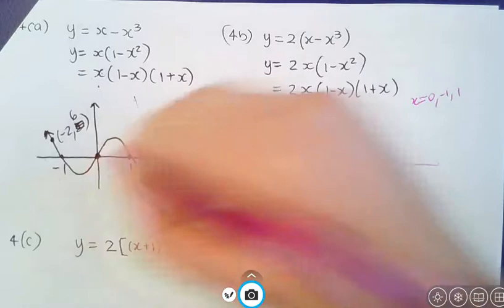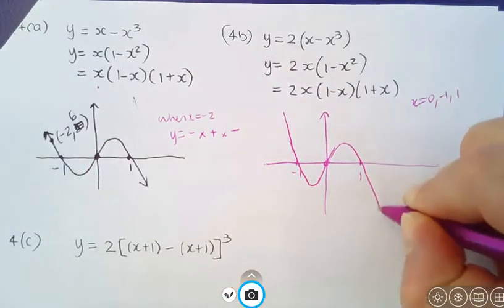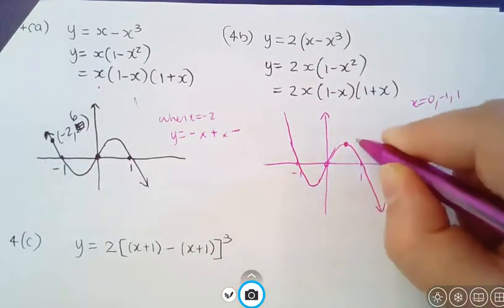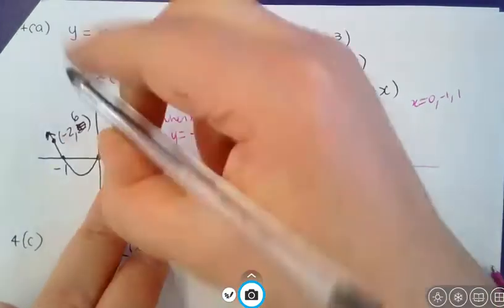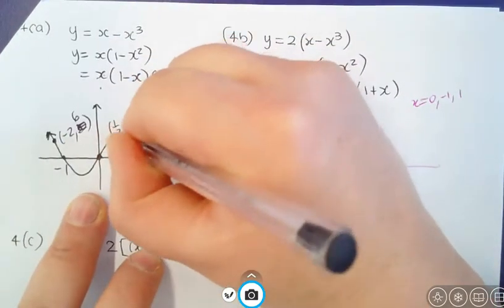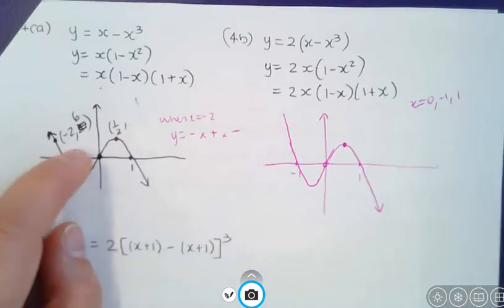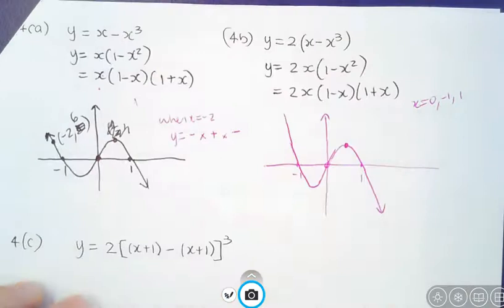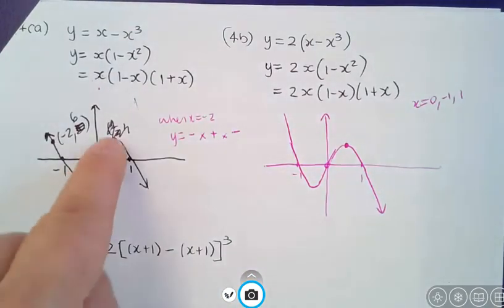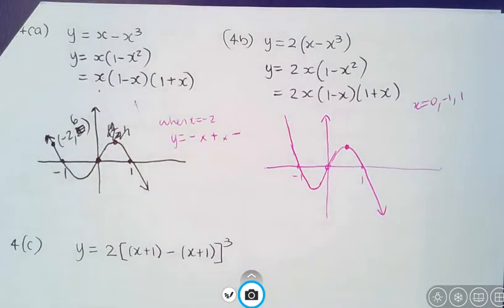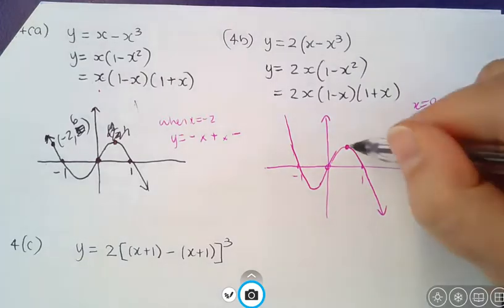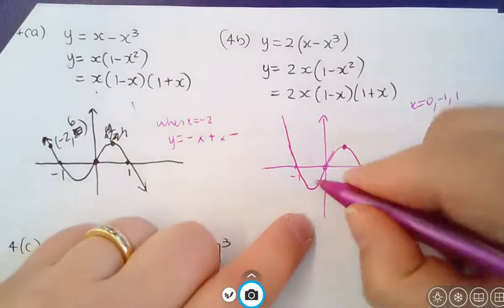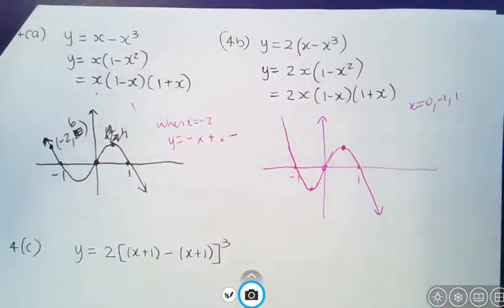What you might want to do is note that these points will be different as well. So for example, this point here on the first graph is maybe a half. Actually, I can't be sure of that, so I'm not going to put that in. You can't tell that it's going to happen exactly halfway unless you differentiate and find the stationary points, which we haven't learned how to do. So I'm not going to put the coordinates of this maximum turning point and minimum turning point, because I don't know what they are.